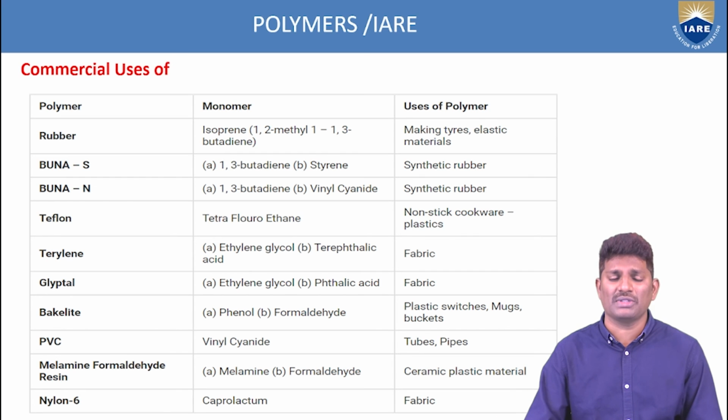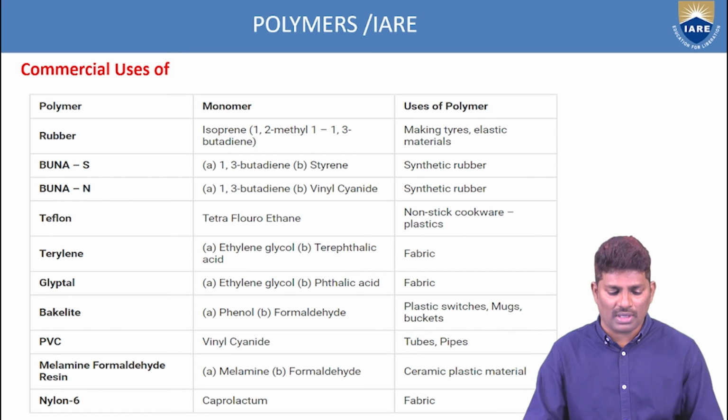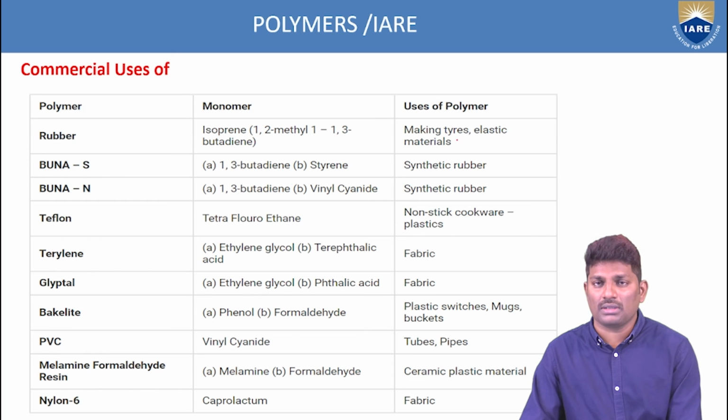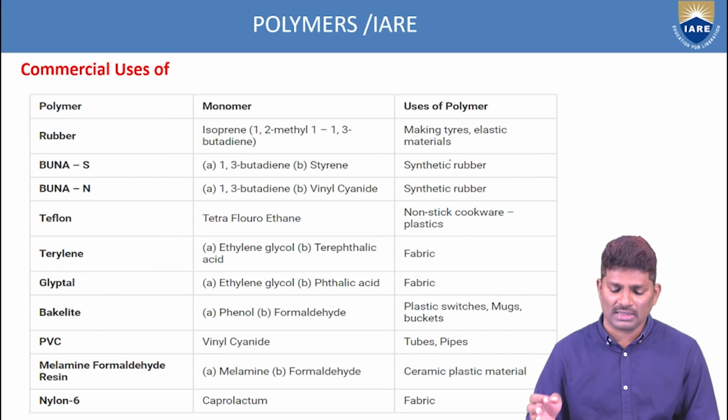If you see the commercial uses of polymers, you have different types of monomers and uses of polymers. Rubber consists of isoprene. And what are the applications? Making tires and elastic materials. What are the tires we are having? What are the elastic materials we are having? These come under the rubber type of polymer.